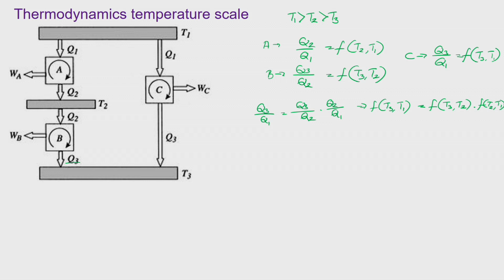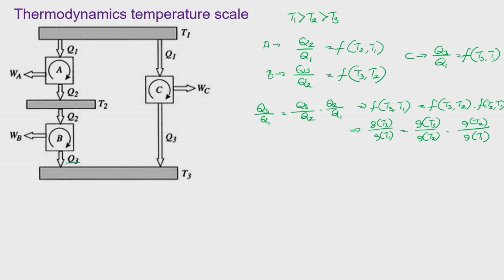Then when is that possible? That is possible only if this function f has a form something like g of T3 by g of T1 is equal to g of T3 by g of T2 into g of T2 by g of T1.